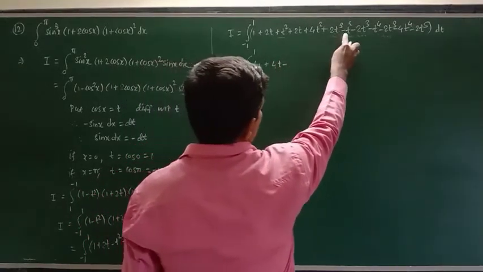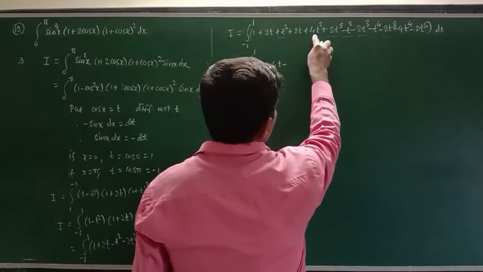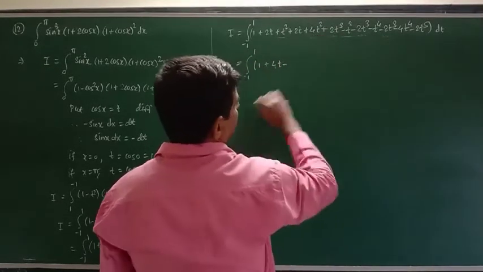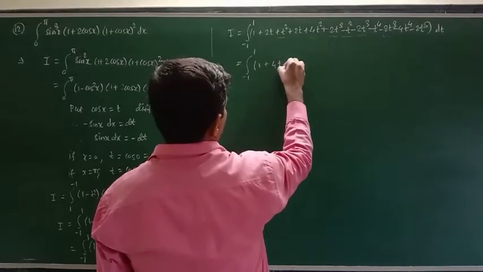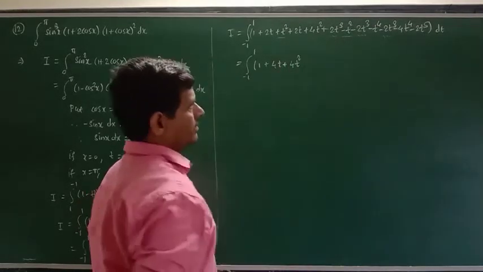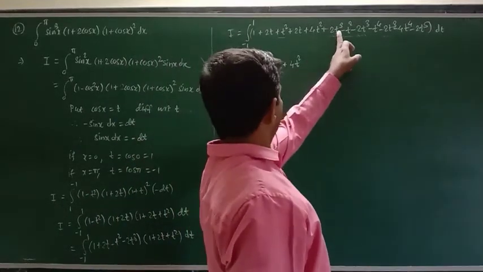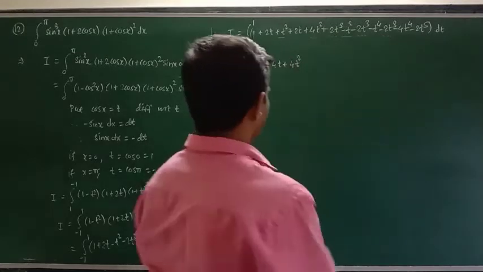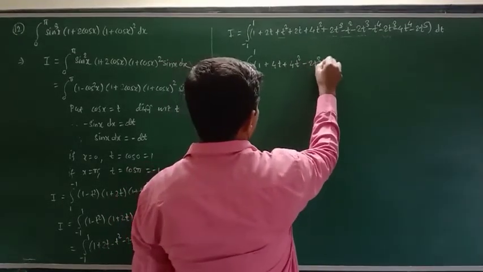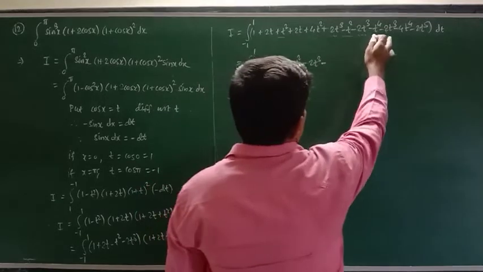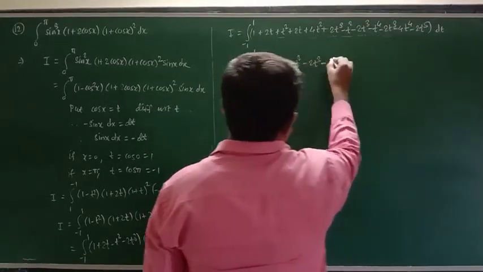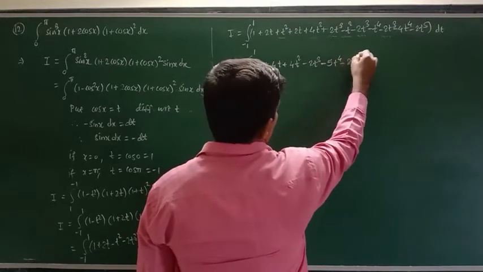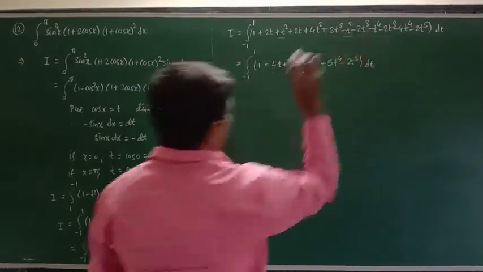Minus t square, 4t square and t square, minus plus t square get cancelled, 4t square remains. Then t cube: 2t cube minus 2t cube get cancelled, minus 2t cube remain. Then minus 1t raised to 4 minus 4t raised to 4, minus 5t raised to 4 and minus 2t raised to 5. These terms remain after calculation.